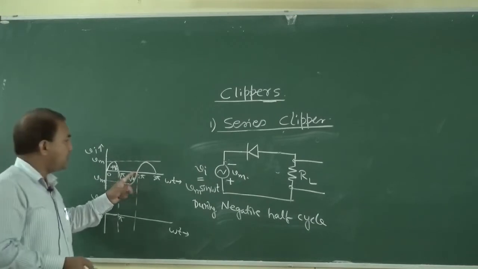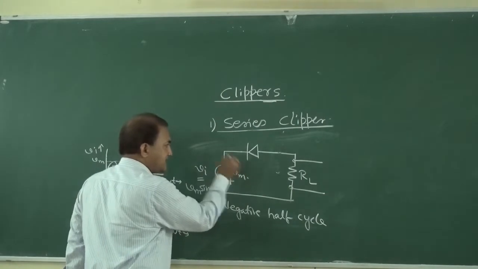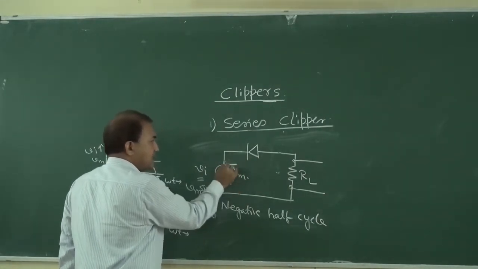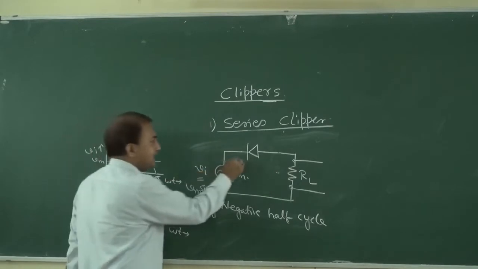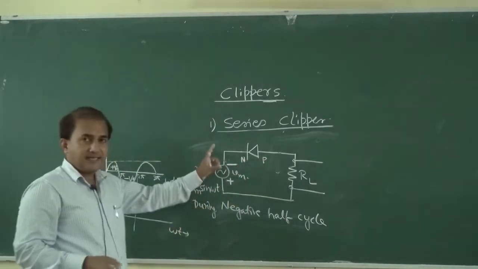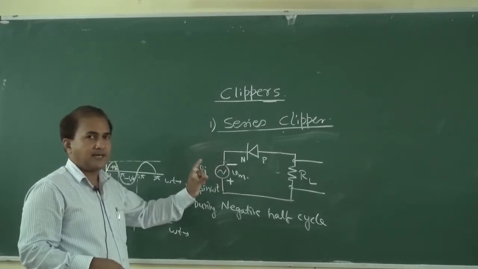So during the negative half cycle, here it is minus, negative potential, here it is positive potential. So the negative potential is connected to N and this is P. So it is in forward bias condition.